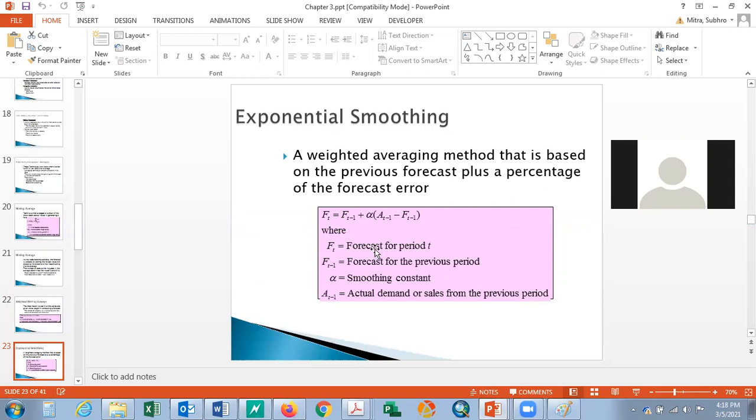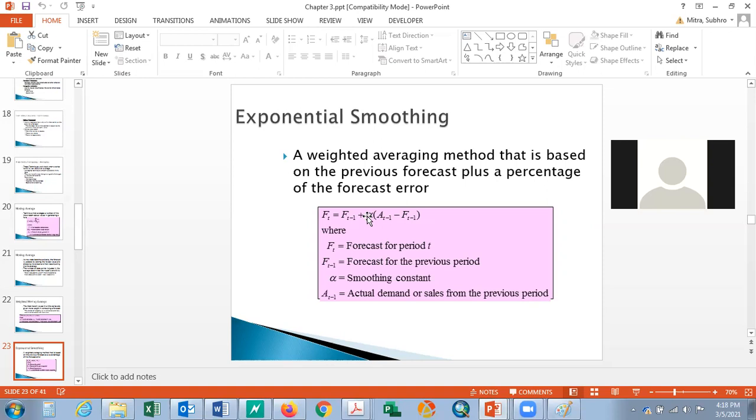This A(t-1) minus F(t-1) is the error term, and you multiply that with alpha. What is alpha? Alpha is a coefficient which can have a value from say 0.1 to 0.9.